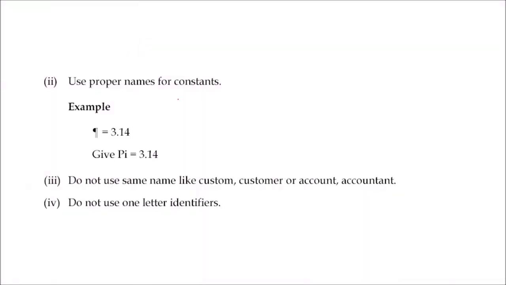You have to use proper names for constants. You are using pi for 3.14. How about pi_const if you write like this? This will not convey any meaning. Pi will suffice. Don't use similar names, like custom and customer, because programs are not 1 or 2 lines. They can be hundreds of lines. So while you are going through that program or somebody else is going through it, he will see customer equivalent.